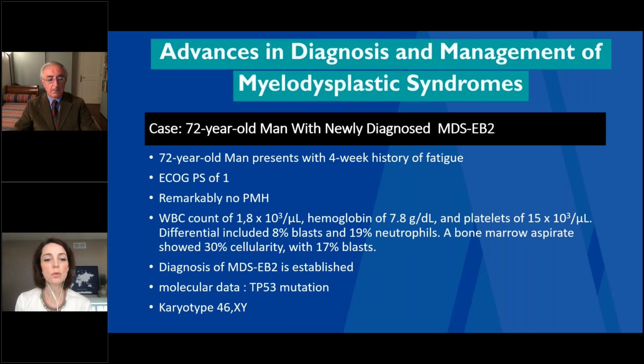He has a white count of 1.8 times 10 to the third per microliter, a hemoglobin of 7.8 grams per deciliter, platelets of 15 times 10 to the 3 per microliter. The differential shows 8% blasts, 19% neutrophils, and the bone marrow aspirate has 30% cellularity and 17% blasts. A diagnosis of MDS with excess blast 2 is established, and the molecular data show a TP53 mutation. The karyotype is 46XY.